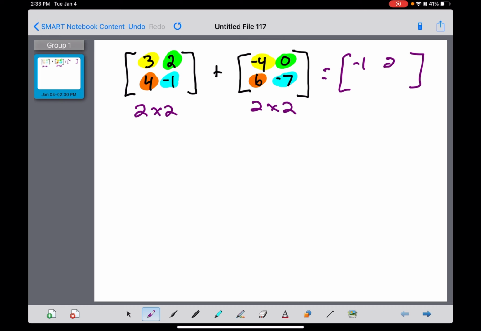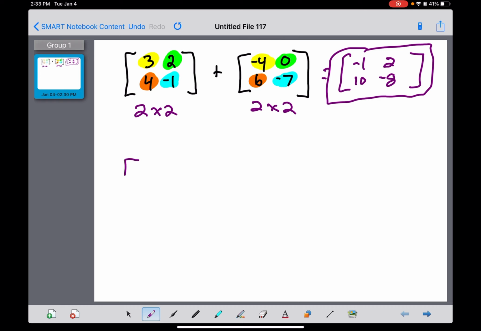First row, second column is 2 plus 0, which is 2. Second row, first column is 4 plus 6, which is 10. And second row, second column is negative 8. That was our resulting matrix when we put these two together.